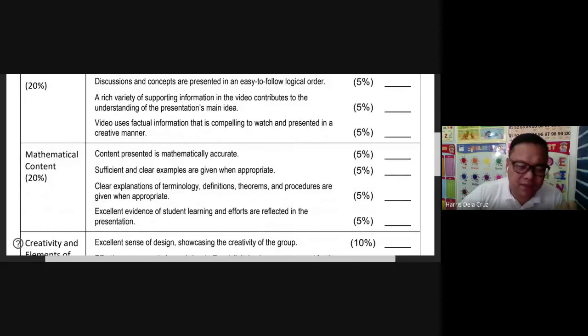For mathematical content, it should be mathematically accurate, with sufficient and clear examples. Like the videos I showed you before, clear examples are given when appropriate. So, you need to be strategic in giving examples. They should be easily understood by the viewer, but enough to get the gist of the math behind the application.